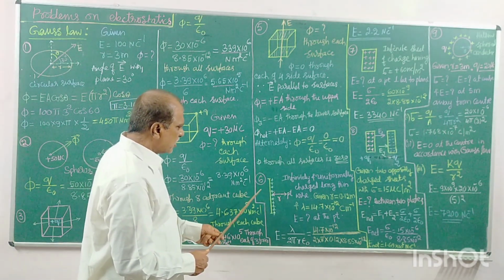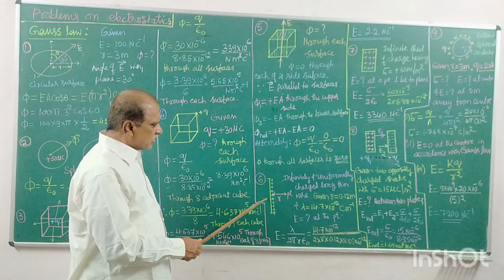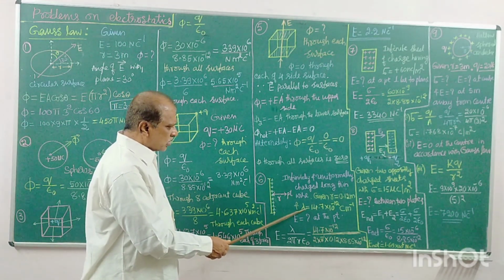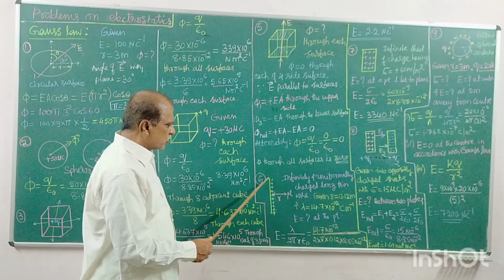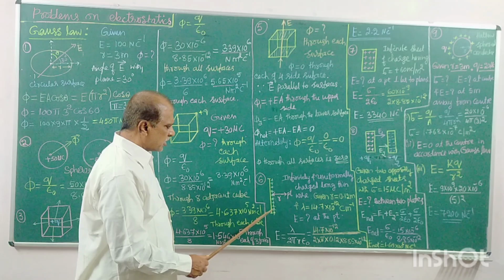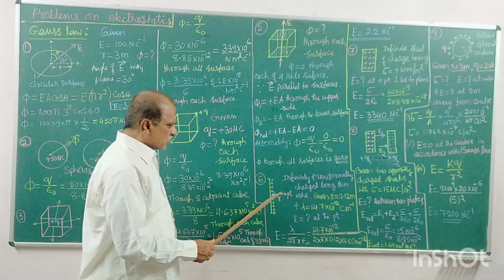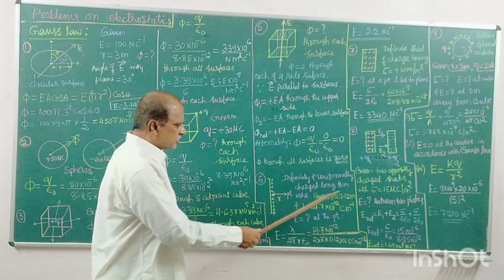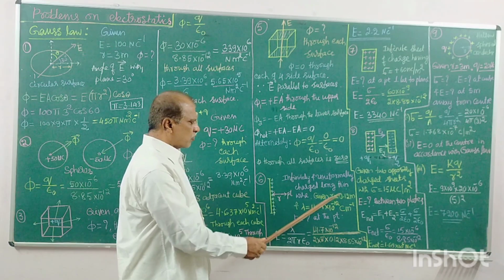The linear charge density is the given data, and you have to calculate the electric field due to this linear charge density at a point. This point is perpendicular to the line at a distance r. The value of r is given in SI units as 0.12 meter.